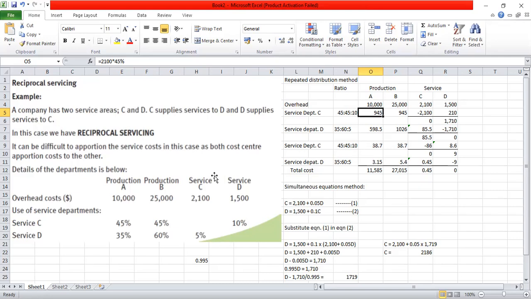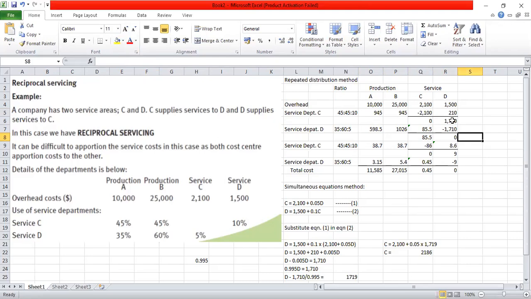So out of their cost, 45% of the cost will be charged to A. So 2,100 into 45%. Do you see that? B also, look at the formula bar. Here it is the formula bar, because I wrote the formula here. Yes, ma'am. So B also in similar manner. Now D is 2,100 into 10%. Okay, ma'am, understood. C has absolutely nothing now.